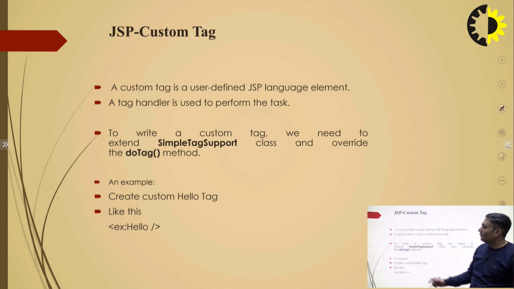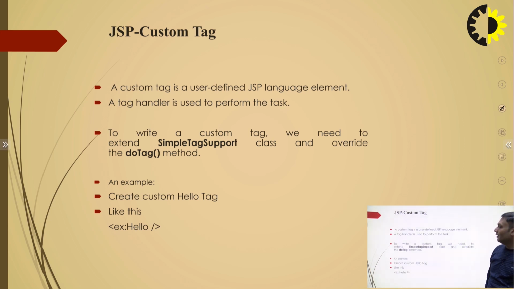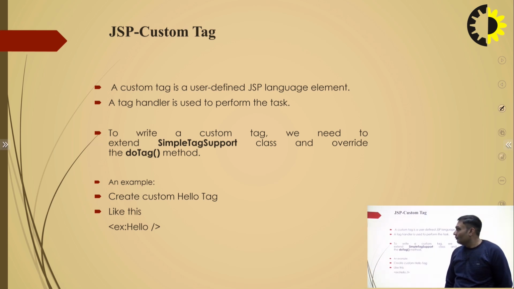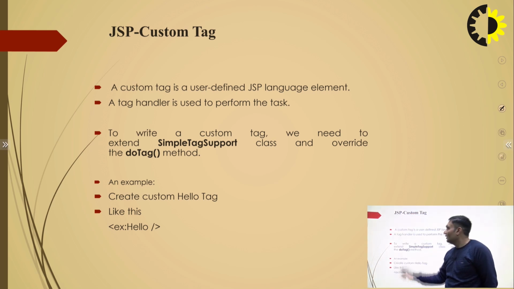Before it, we were using the predefined tags that may be either expression, scriptlet, directives, expression. But if we want to make our own tag in JSP, then we need to know the concept of JSP custom tag.